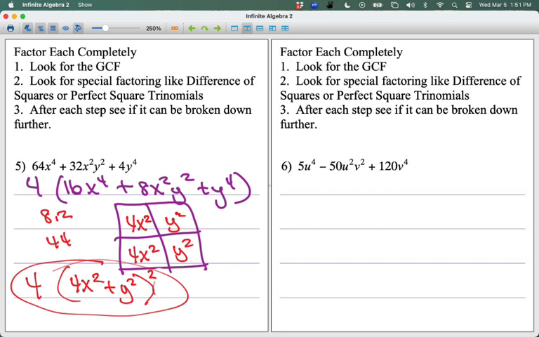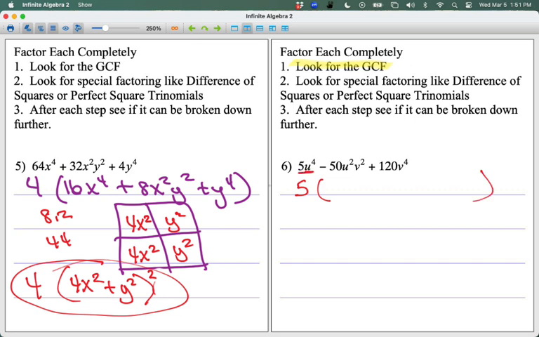Number 6. Again, we're going to follow the first step, and it says, look for the greatest common factor. We can take a 5 out of all of them, but in letters, I can't take any letters. They're not the same. There's 2 u's in this one and 2 v's in that, but they're not the same in all of them. So we can take a 5 out.